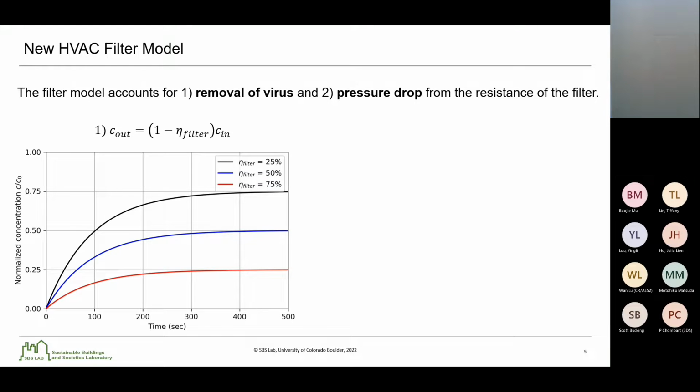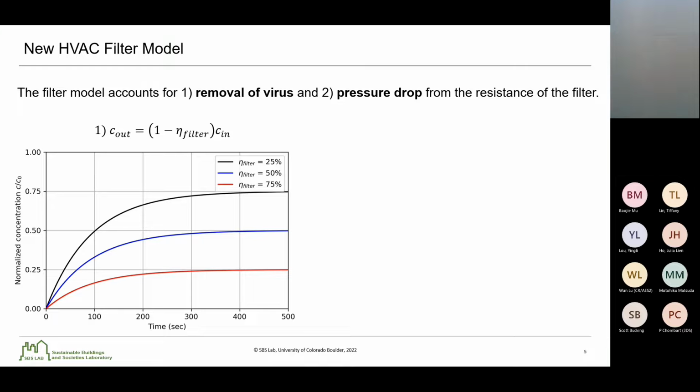I mentioned the removal of virus. For this, we simply assume a constant removal efficiency, where the concentration of virus exiting the airstream is equal to the concentration entering the filter multiplied by some efficiency that defines the removal of virus.